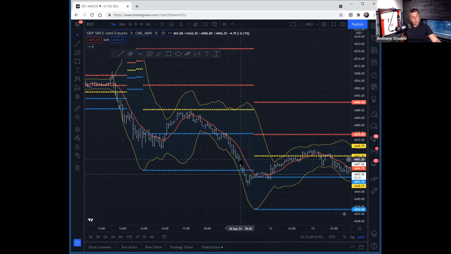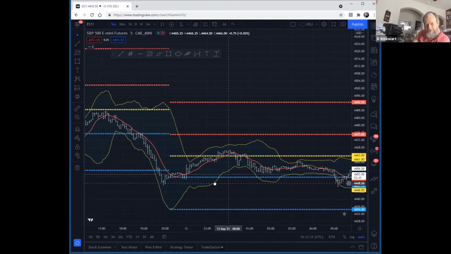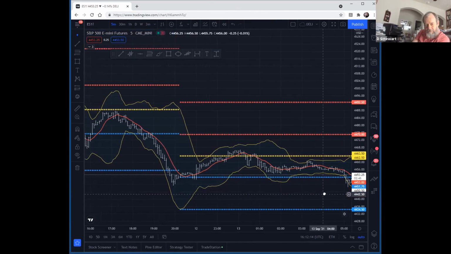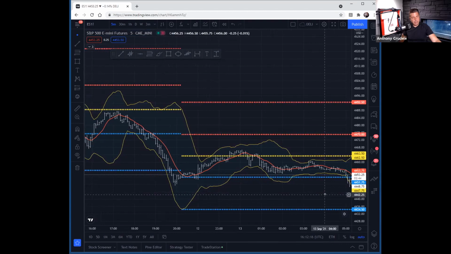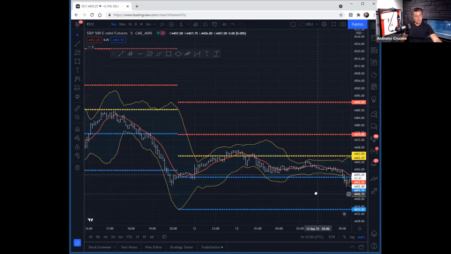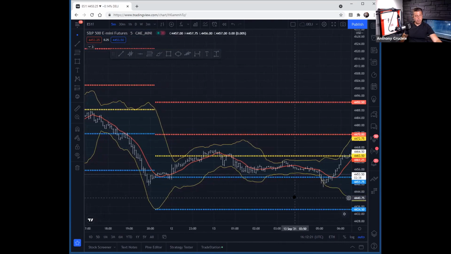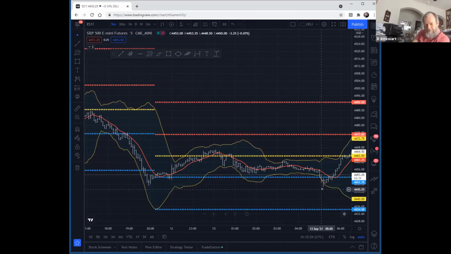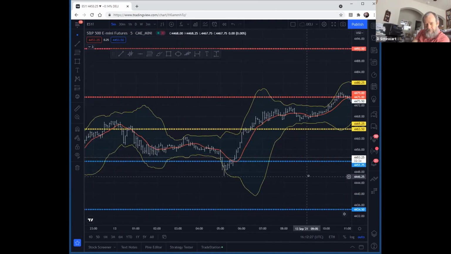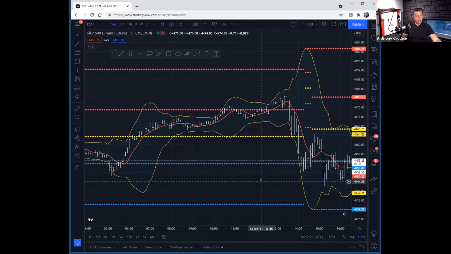So here the Bollinger Band was opening, okay? Here it pierced it, and at the time, if you looked at it, you're looking at this going, it's not really, let's see what the next bar does, the next bar, and boom. So this is an important low right here. Here they pierced it.